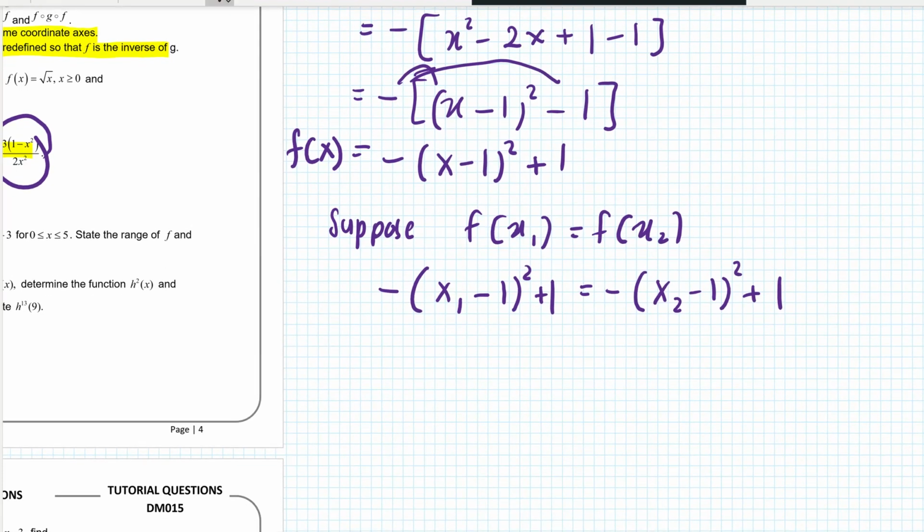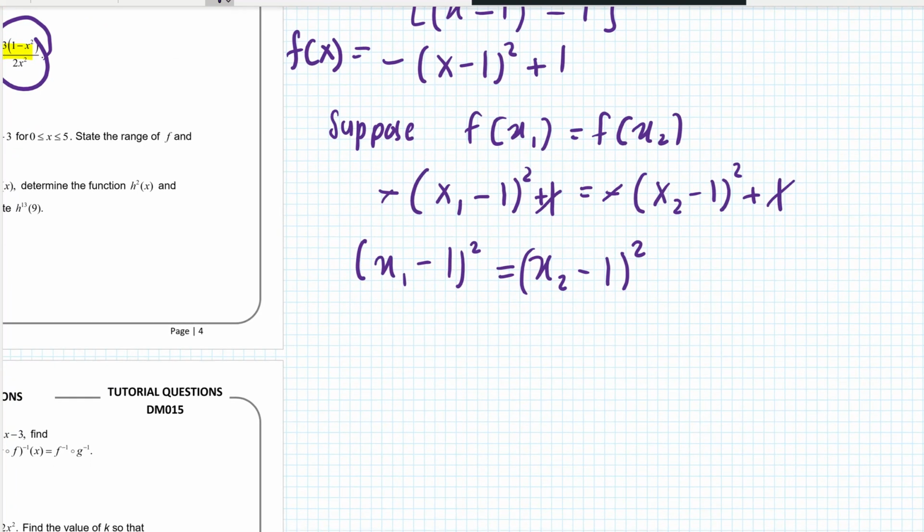We can eliminate the 1 and the negative. So the equation is left with (x1 minus 1) to the power of 2 equals (x2 minus 1) to the power of 2. Now we want to show that x1 is equal to x2. So we have x1 minus 1 is equal to x2 minus 1.